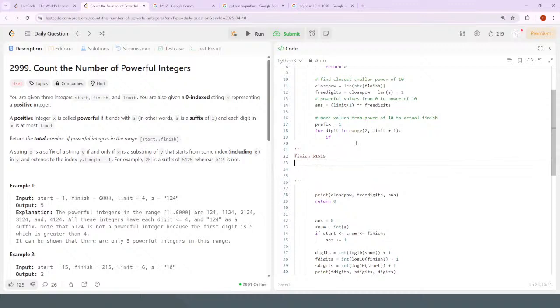Okay. And let's say our limit is 4. So what's going to happen is, and let's say our suffix is 1 2 3. So we already did all the things between 10,000 0 to 10,000, which was covered in the previous answer calculation.